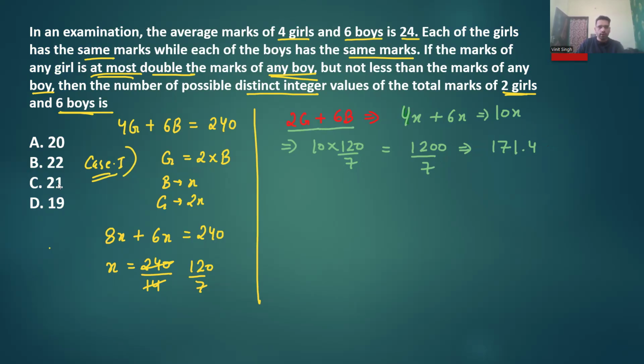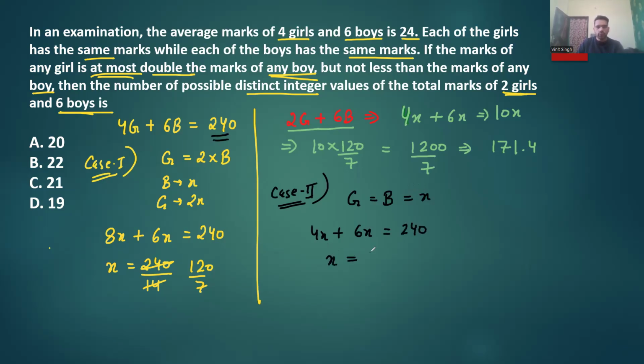Now case 2, when the girls' marks and boys' marks are equal. If 4 girls and 6 boys get 240 in total, and the marks of boys and girls are equal, then 4x plus 6x is equal to 240.